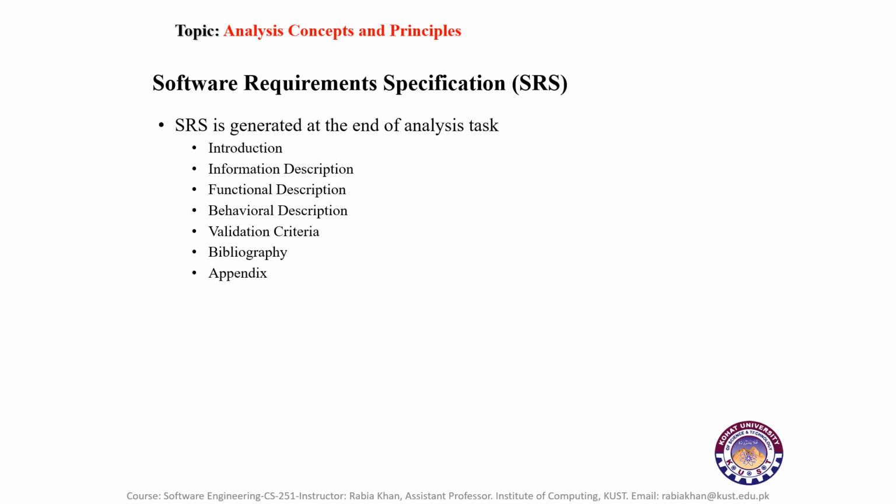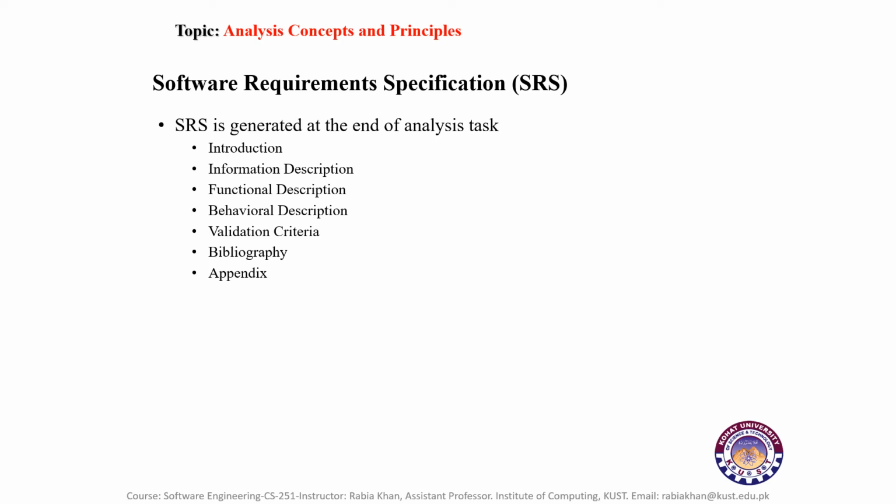The function and performance allocated to the software that is going to be developed as part of the system engineering are refined by properly establishing a complete information description, a detailed functional description, a representation of the system behavior, an indication of the performance and design constraints, appropriate validation criteria, and other information which is important to the user requirements.